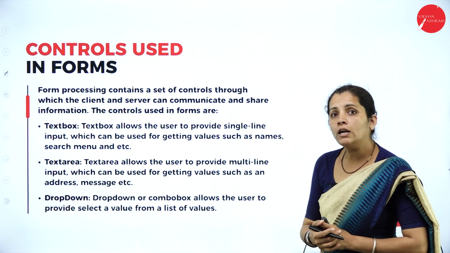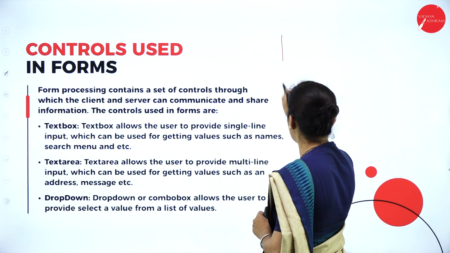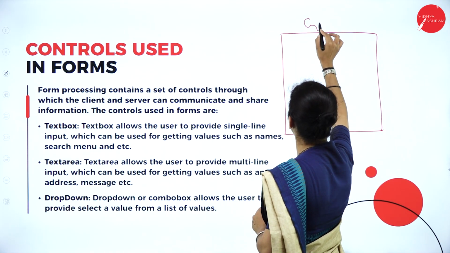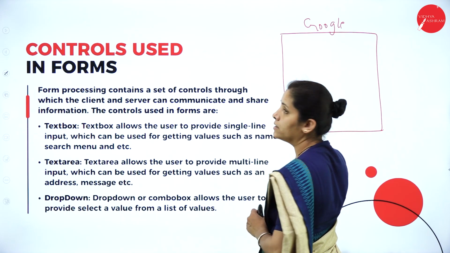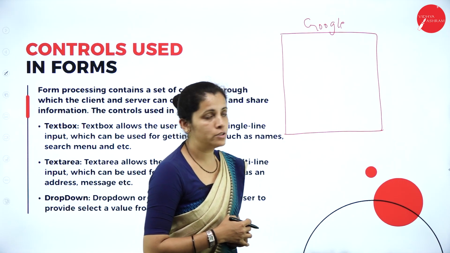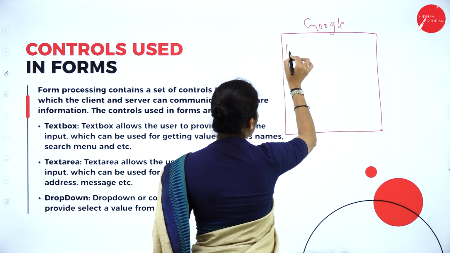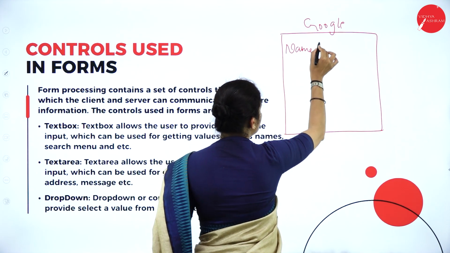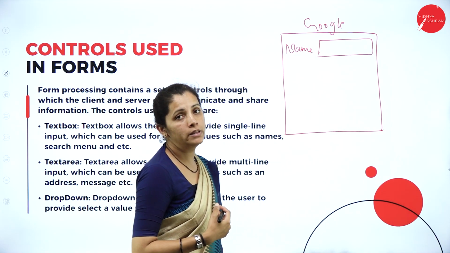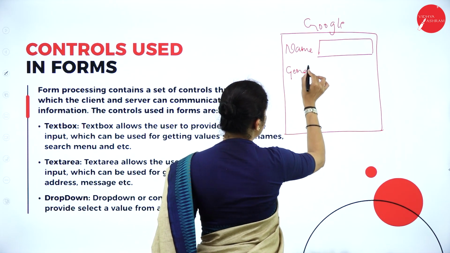Now, what are the controls I can have in my forms? So think that this is your Google form. Fine. Now what I want to do? I want to get student information. For that, I'm creating the Google form. So what I will do, I'll write name. So I'm going to provide the box so that the user can input their name. Fine. Then I must have the gender.